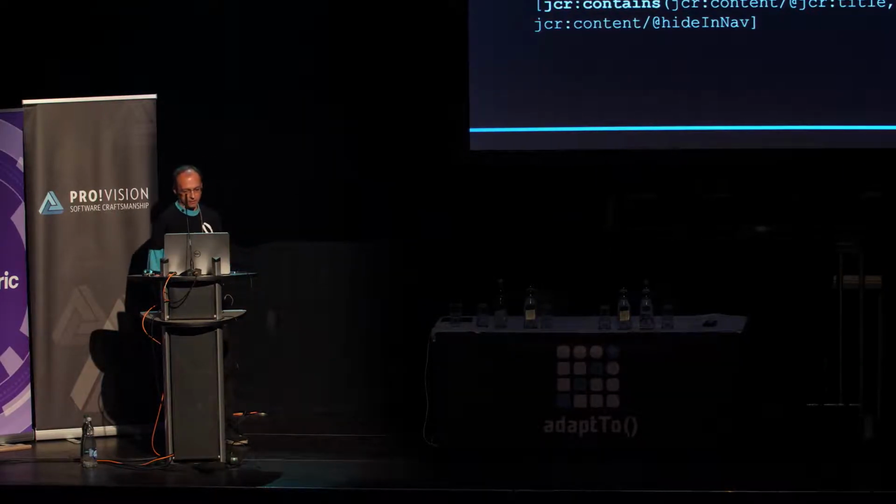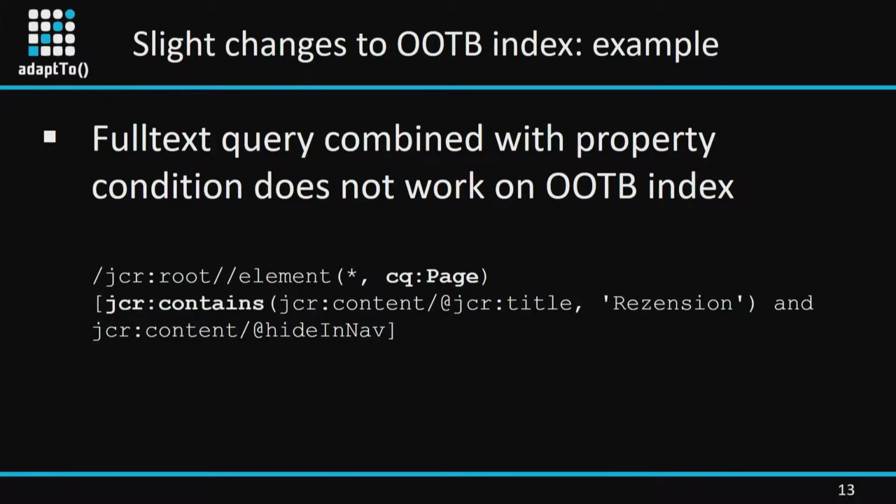Let's look at another example. It's the example where you can apply the other option, to slightly change the out-of-the-box index. That's a full text query combined with a property condition.